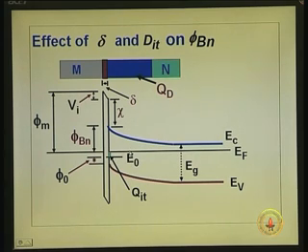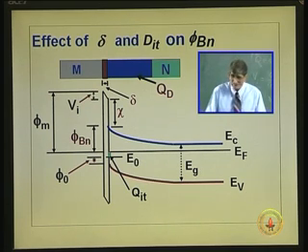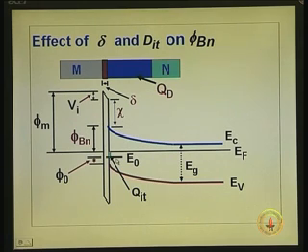Please remember, this holds good if it is up or down. Now, if it is here, what is the charge? Charge is DIT, the density per centimeter square per electron volt, multiplied by the energy difference. The levels below the Fermi level are occupied. The levels above the Fermi level are not occupied. Above E naught all are acceptors, below E naught all are donors.